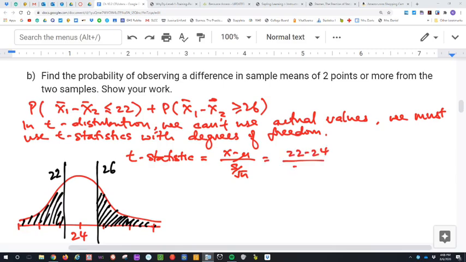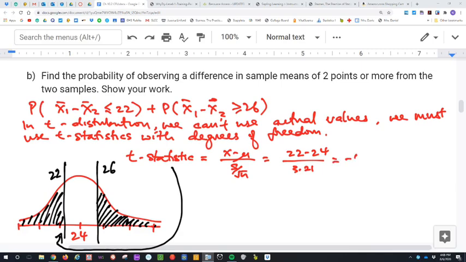Okay, so let's put in the values. 22 minus 24. By the way, I'm calculating the T statistics corresponding to this particular value. So the x is 22 minus the mean, which is 24, divided by the standard deviation of the sampling distribution, which is 3.21.